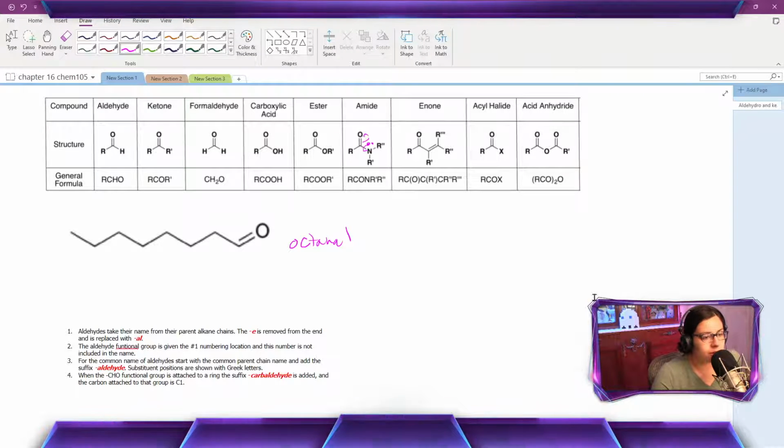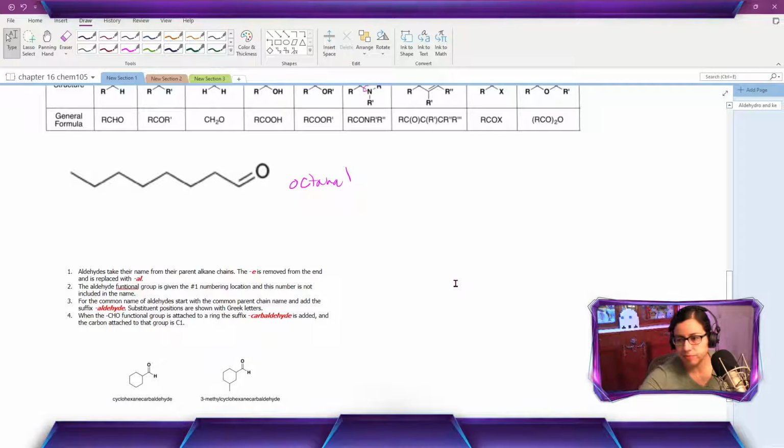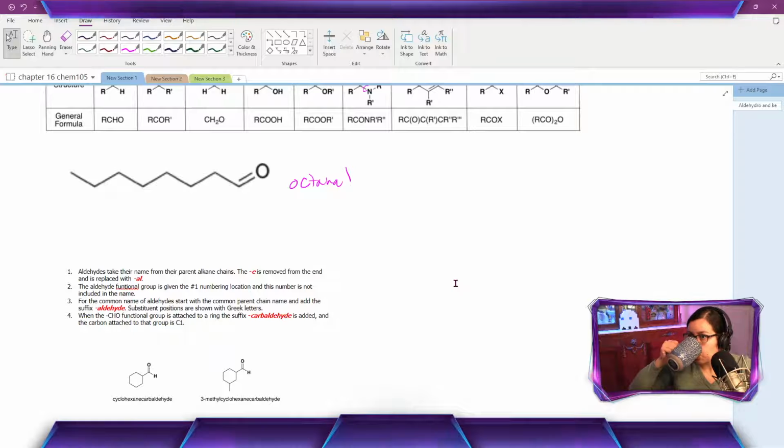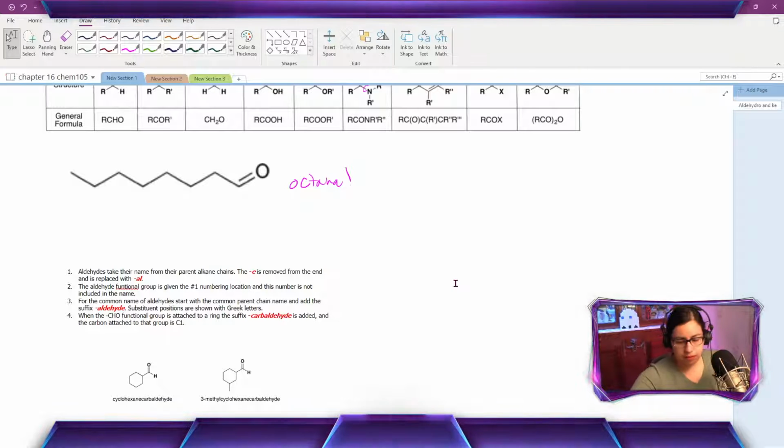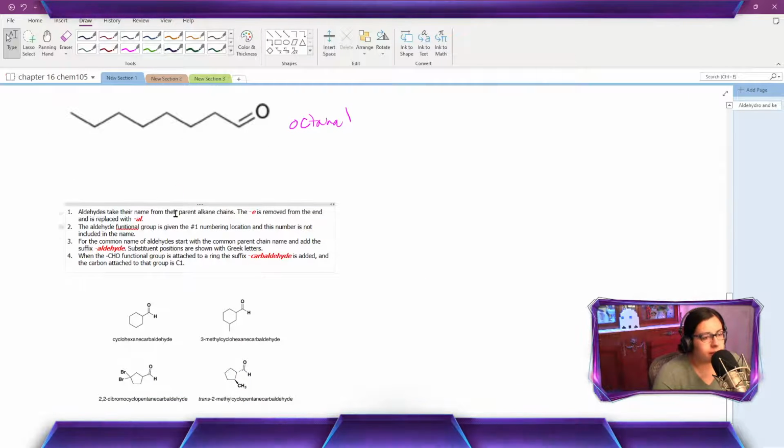And so now this brings us into naming. Aldehydes, again, take their name from the parent chain, and the e is removed and changed with al. So we see this with octanal. Instead of octane, we add that al at the end.